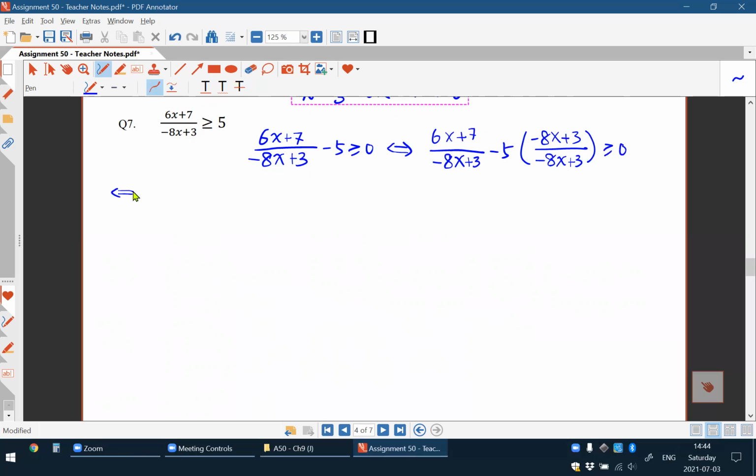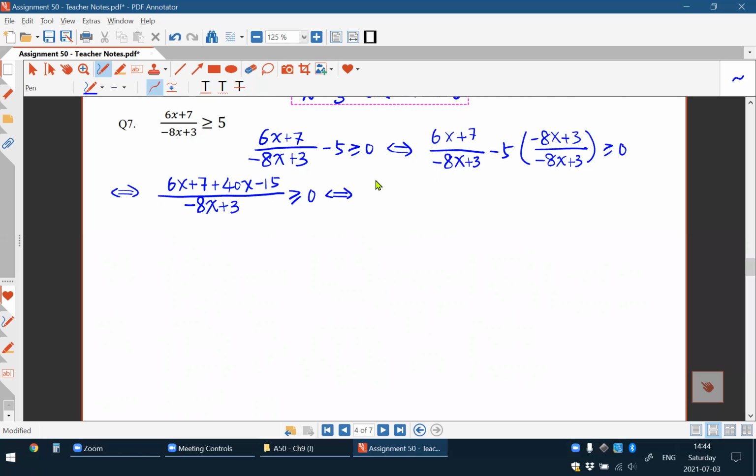Okay, and this is equivalent to 6x plus 7 plus 40x minus 15, right? Over minus 8x plus 3, greater than or equal to 0.